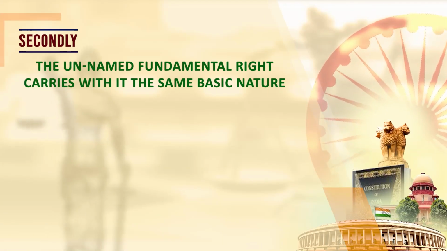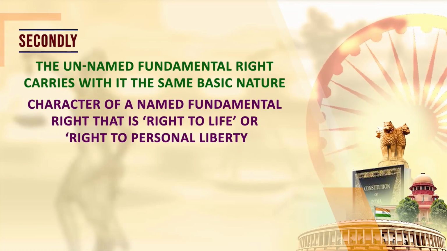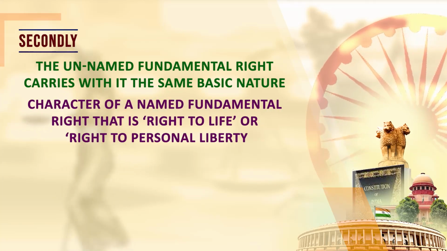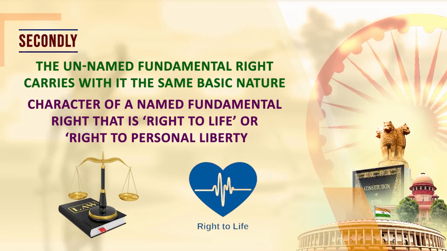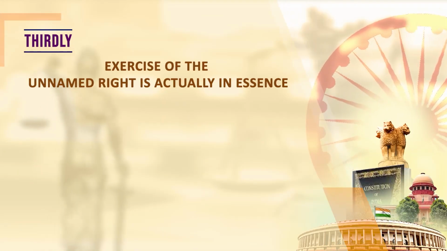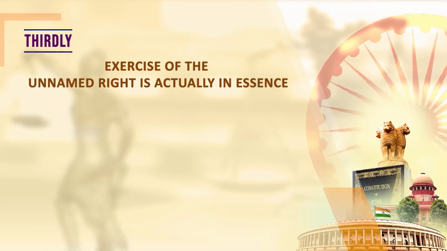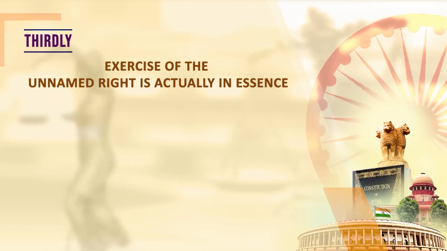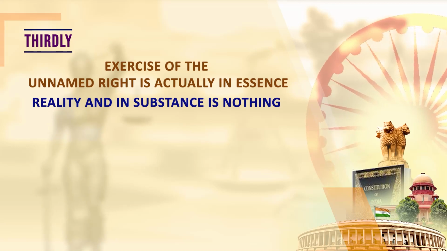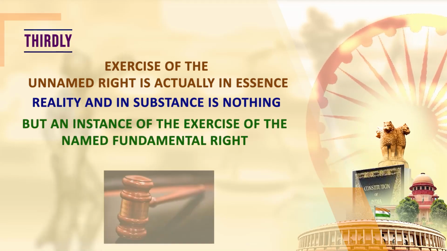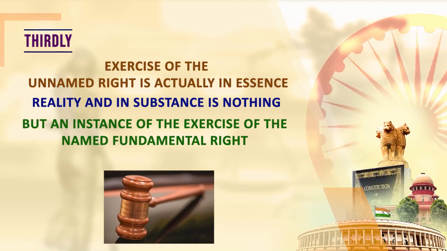Second, it carries with it the same basic nature and character of the named fundamental right, that is right to life or personal liberty. And third, the exercise of the unnamed right is, in essence, in reality and in substance, nothing but an instance of the exercise of the named fundamental right.